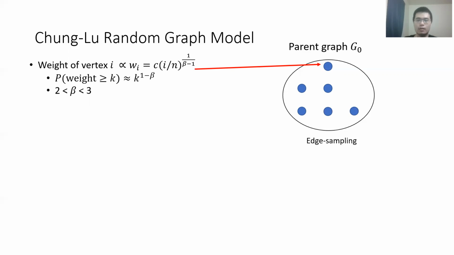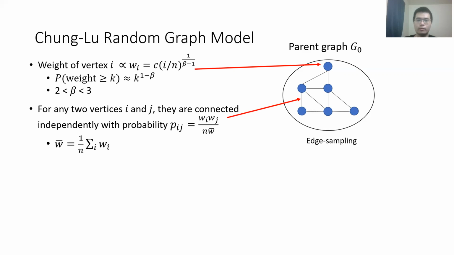We can verify that the fraction of nodes with weight at least k decays as k to the power of 1 minus beta. Empirical studies have shown that the vertex degrees of many real-world networks indeed follow a power law distribution with exponent between 2 and 3.